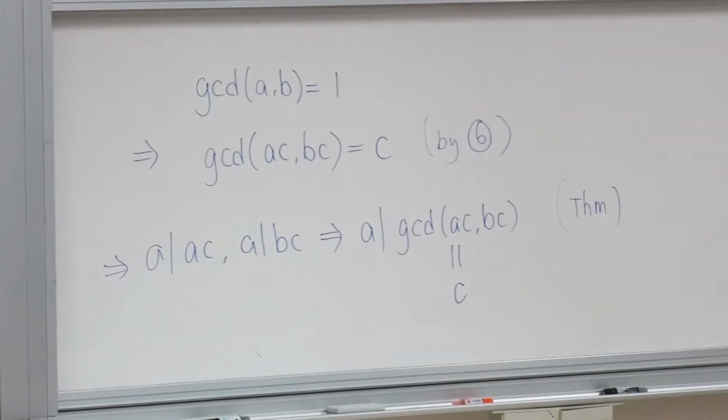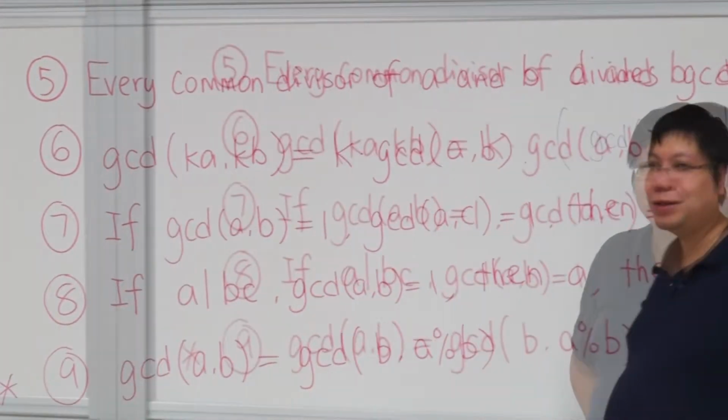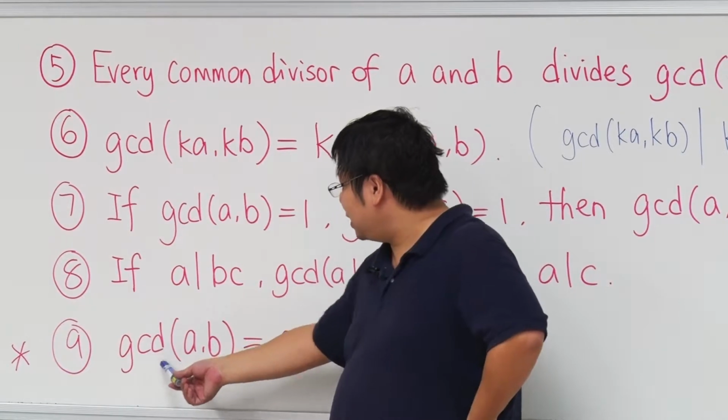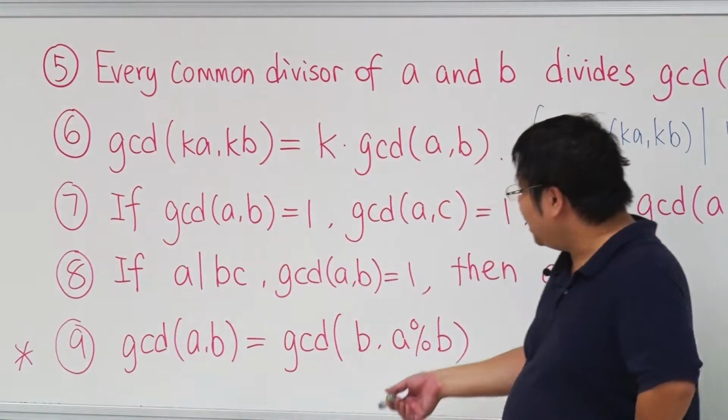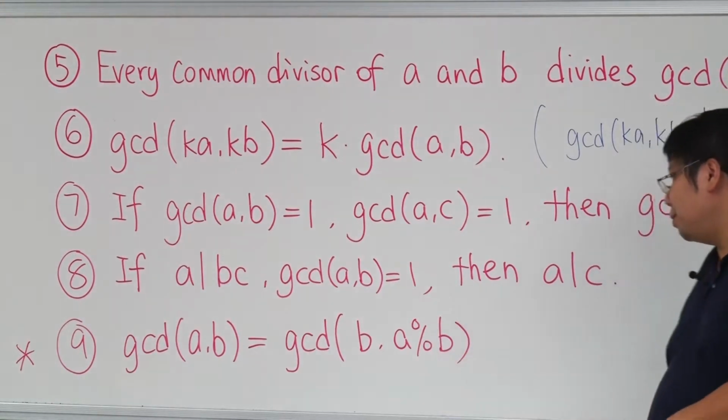Now finally, I have a star that I think is interesting and also important. We want to show that GCD of A and B is equal to GCD of B and A mod B. So what is A mod B?